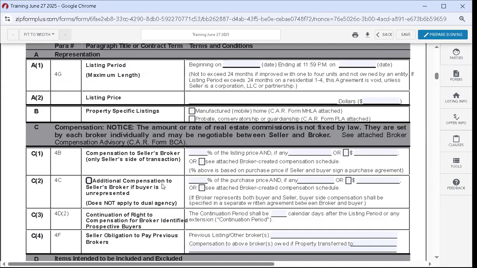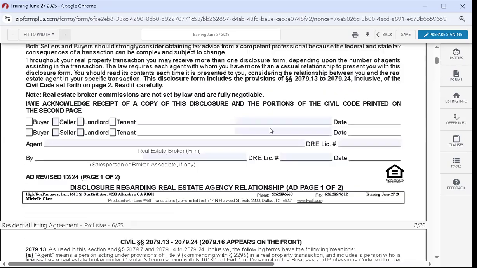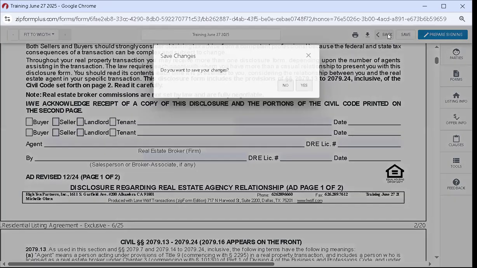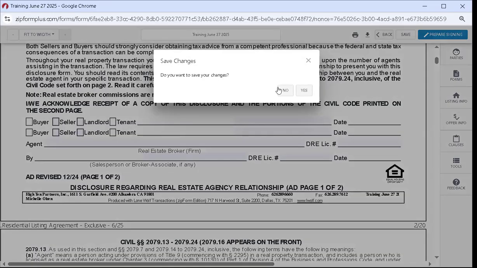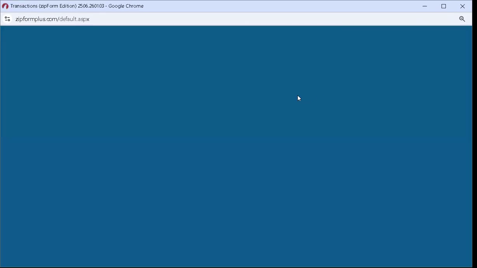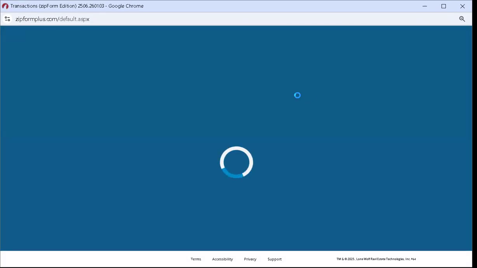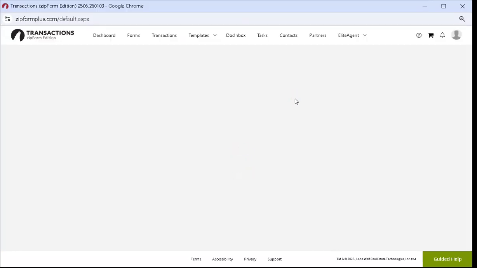Then you go to the seller and say, hey, seller, I have an unrepresented buyer, but I'm still going to help him with the paperwork. So I am going to get the portion that was listed for an unrepresented buyer, which you have checked the box. Yes, that's it.